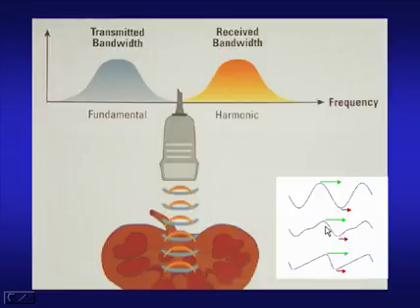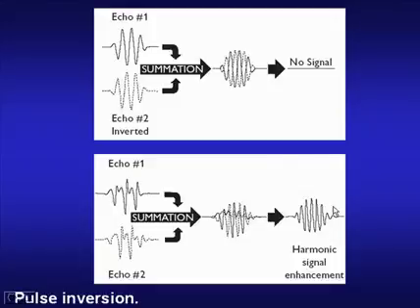It's a bit like the same phenomenon of a wave as it approaches the shore. That wave gets steeper and steeper, and eventually the wave breaks and creates noise. Those are the harmonics that we're imaging in tissue harmonic imaging. It's an inherently nonlinear system, and that's important to remember.